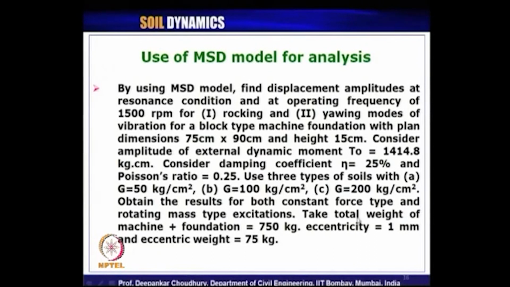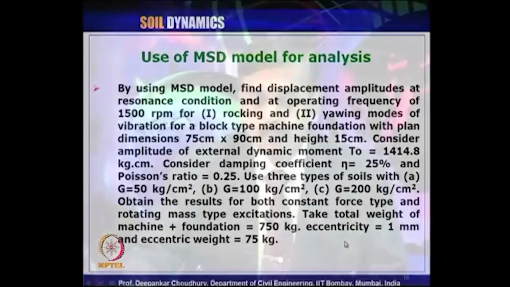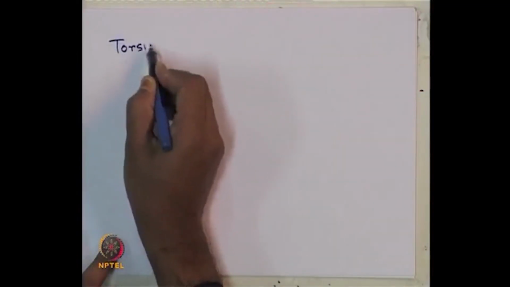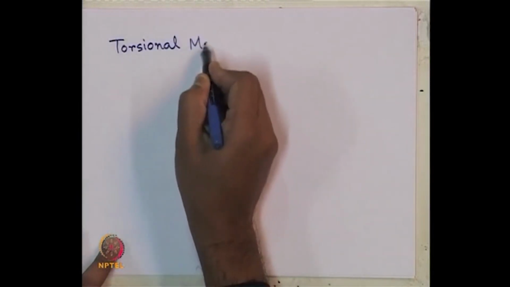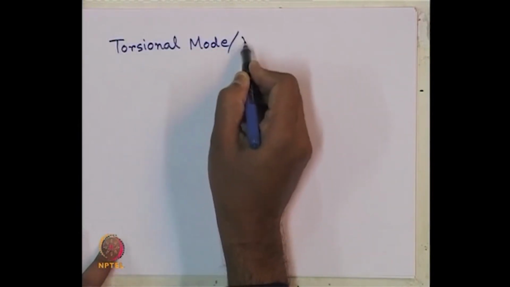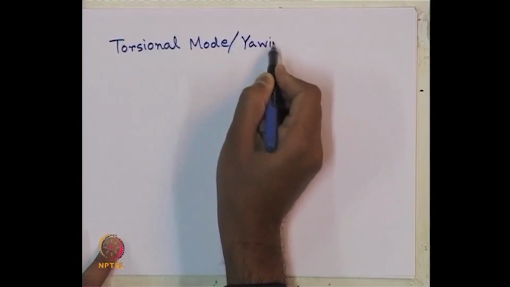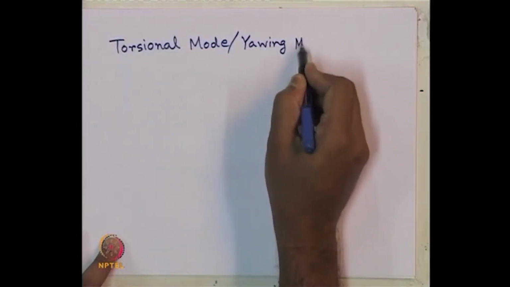Let us now move to yawing mode of vibration. Yawing is nothing but torsional mode of vibration. So, for torsional mode of vibration, let us see how the expressions change. Torsional mode or yawing mode of vibration.